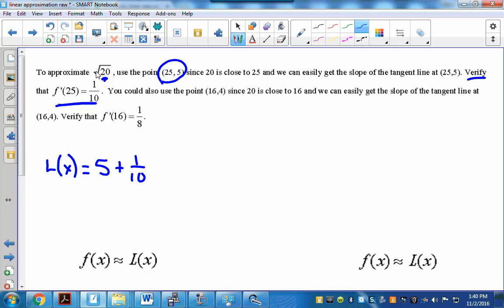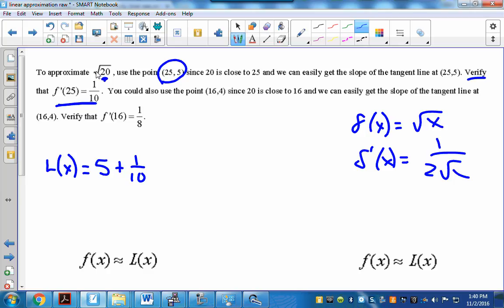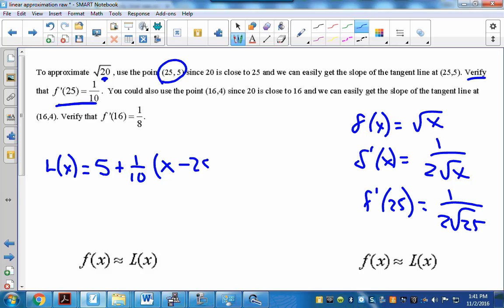F of x is the square root. Here's the derivative, which is 1/2 square roots. And the derivative at 25 is 1/2 square roots of 25. And 1/10 there. Okay, so that works. And then x minus 25. That's the equation of our tangent line. So the square root of x is about 5 plus 1/10 times x minus 25.